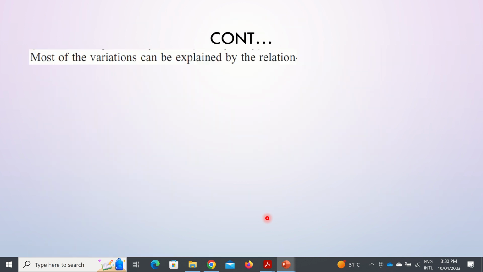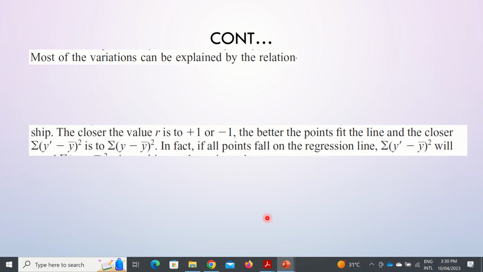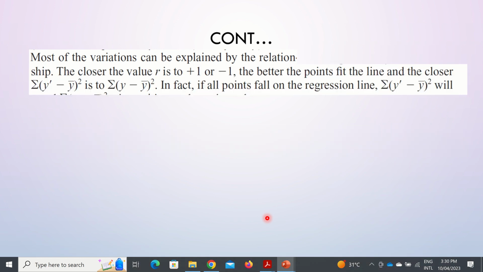Right. Now most of the variations can be explained by that relation. As I said, if the value of r, the correlation coefficient, is close to 1 or minus 1, the regression line will be explaining the data properly, right?